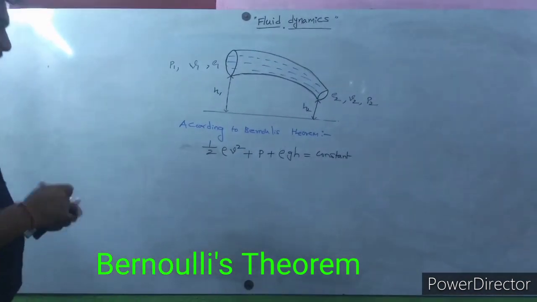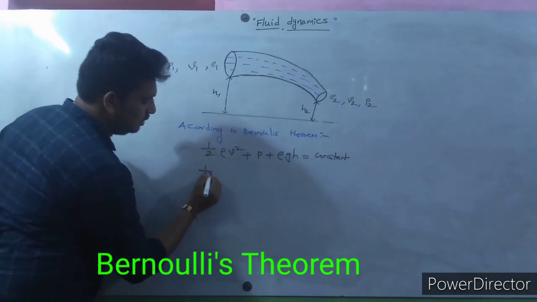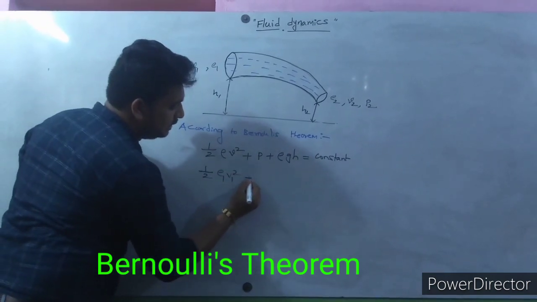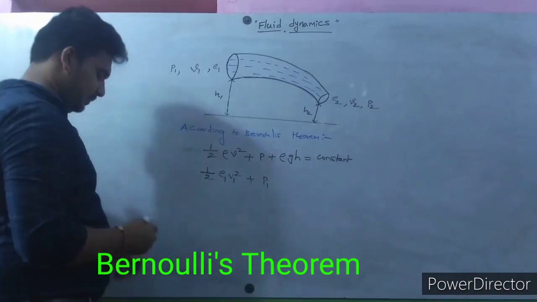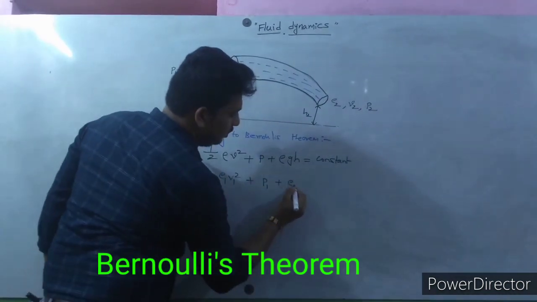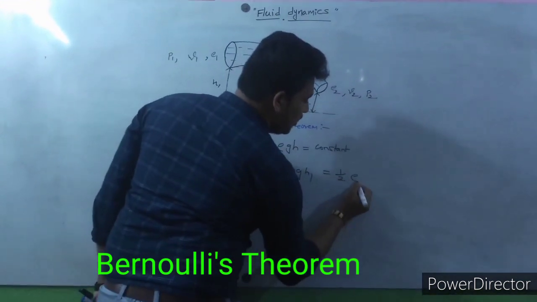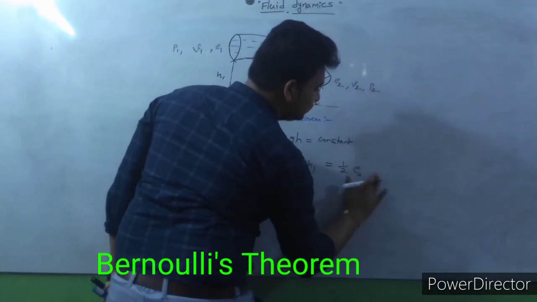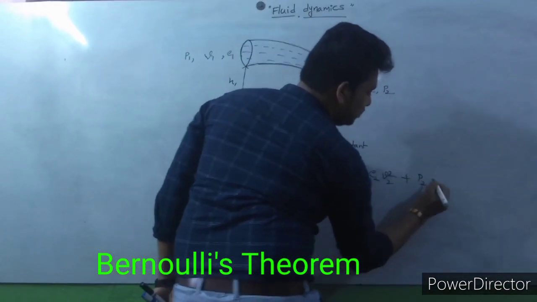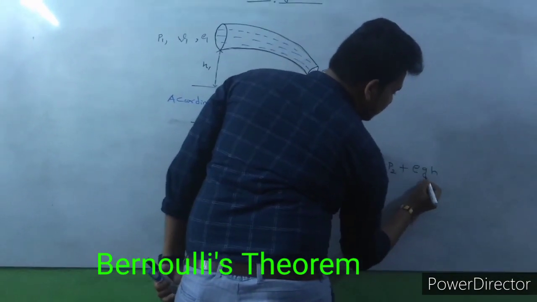And here, how to apply it? Half ρ1 v1 square plus p1 plus ρ1 g into h1 is equal to half ρ2 v2 square plus p2 plus ρ2 g into h2.